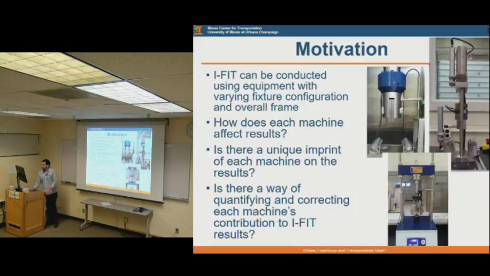The reason that we have this is that first we look at the machines and see if the different machines have an effect on this test. The second part is to see if a single machine will have some sort of contribution to the test results.